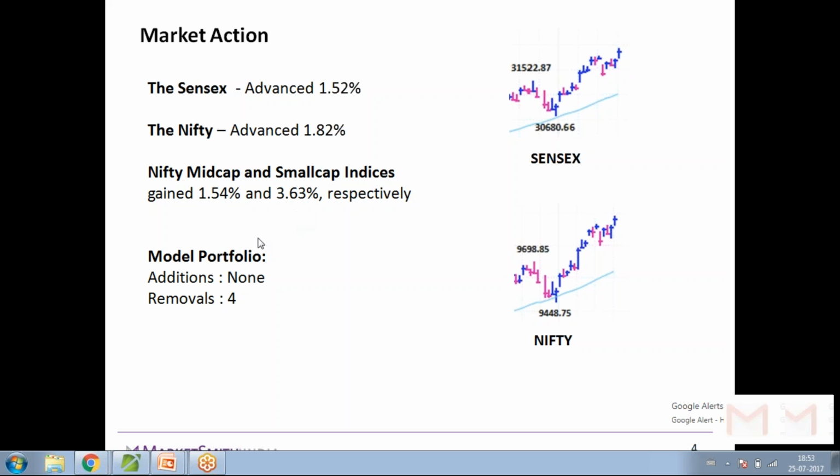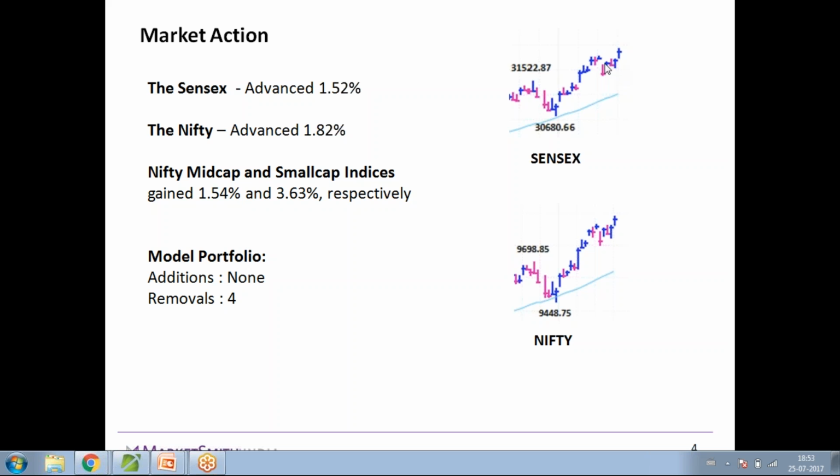Now, coming to what we have done with our model portfolio, and also regarding the overall market direction, the market remains in a confirmed uptrend. On the day when ITC fell, we had a distribution day, but overall the distribution day count for both the Sensex and the Nifty remains at a comfortable level of 2.